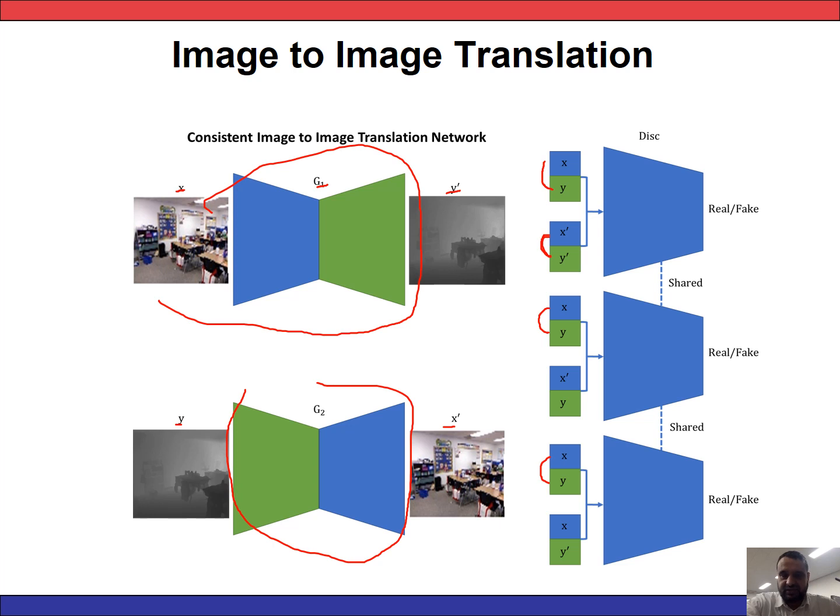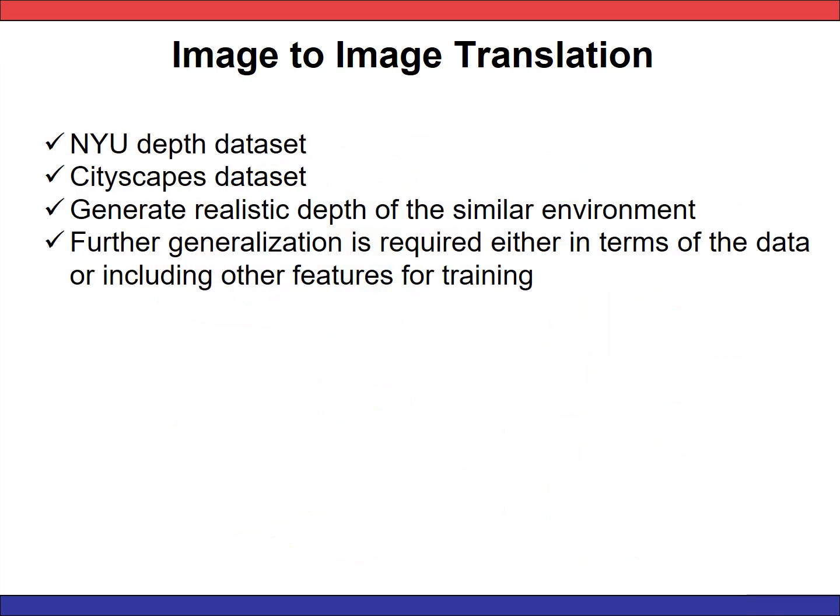Similarly, in the second configuration, the RGB image is generated but the depth map is real. In the third configuration, the RGB image is real but the depth map is generated. We used these three different configurations in the same discriminator and trained this network, and it was able to generate a realistic depth map from a given single RGB image.